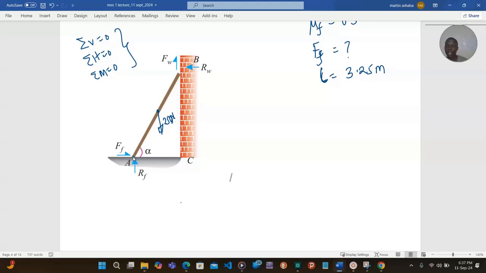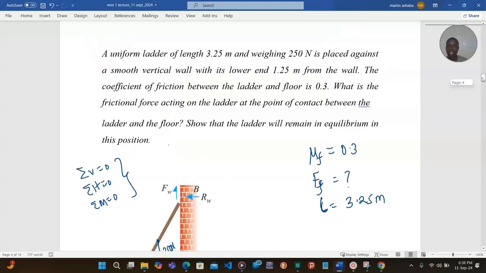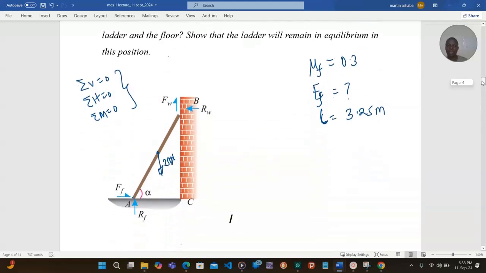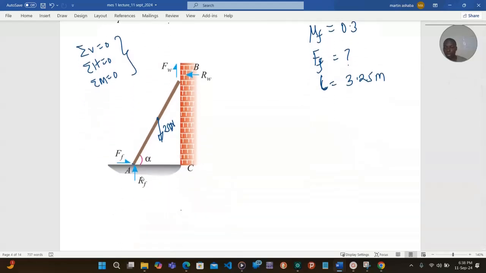So the lower end is 1.25 meters from the wall. From here to here is 1.25 meters from the wall.